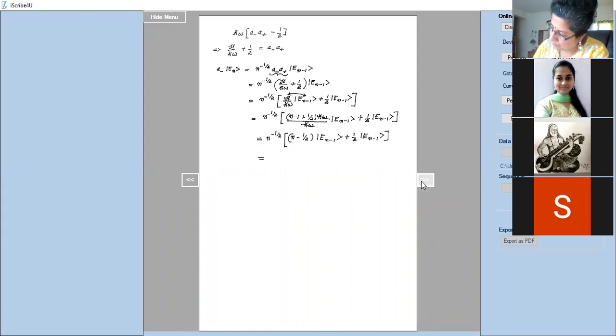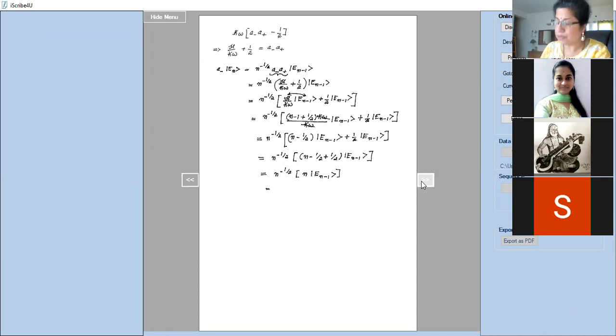So now h cross omega cancels, and you get n to the power of minus half, and here you will have n minus half plus half, En minus 1. That becomes n to the power of minus half, and here you get nothing but n, into En minus 1.